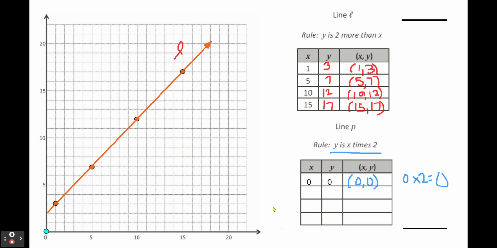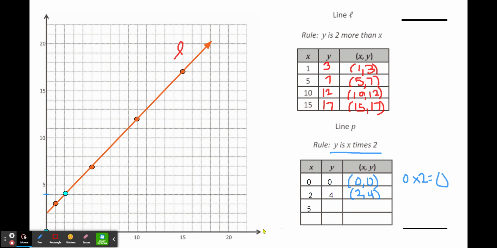All right. Now, what if I have an x value of 2? Well, that's going to be 2 times 2, which is going to give me a y value of 4. So my ordered pair is going to be 2, 4. And the location is going to be where 2 intersects with 4. So my x is 2, my y is 4, so my point is going to be right there.